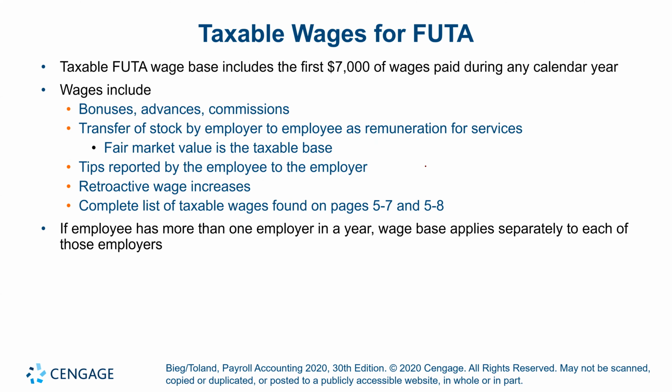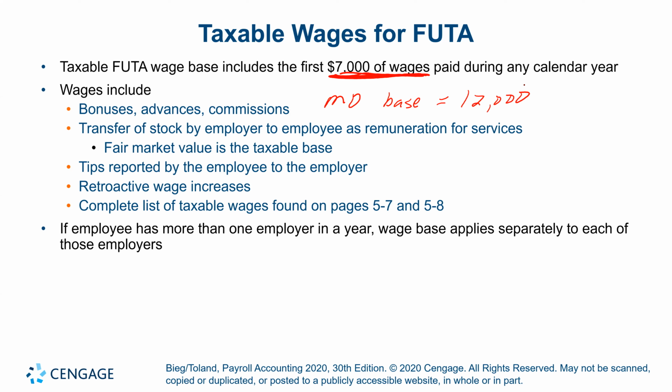Okay, taxable wages for the Federal Unemployment Tax Act. The taxable FUTA wage base includes the first 7,000 of wages, and so we'll be using that number. Again, a state might go up to 12,000, like we saw with Missouri. Missouri's base equals 12,000, so for state unemployment in Missouri, you have to pay on wages of up to 12,000, right?